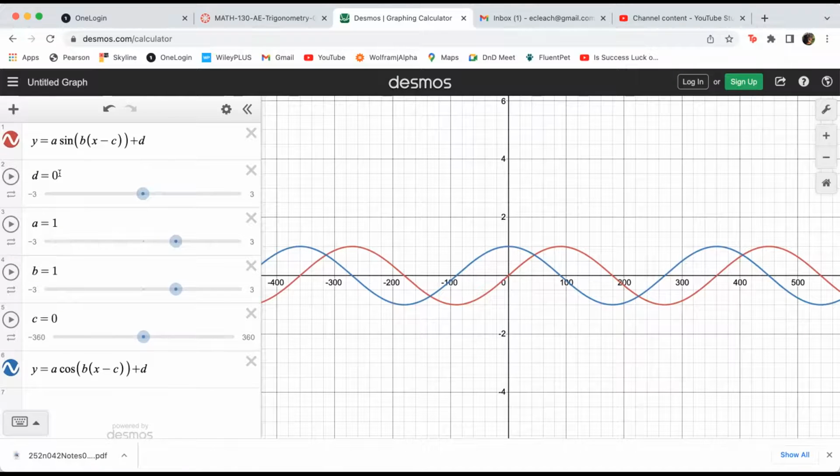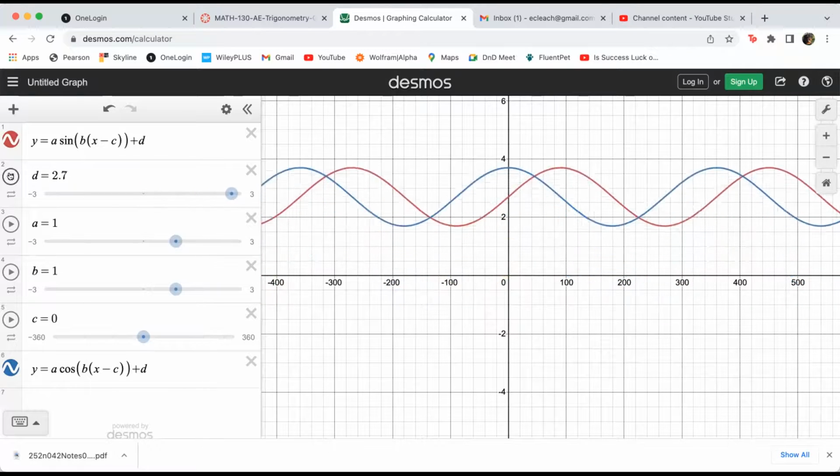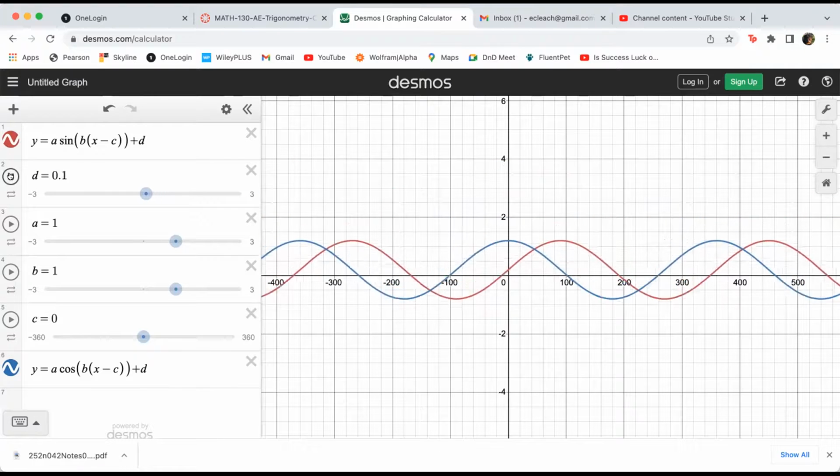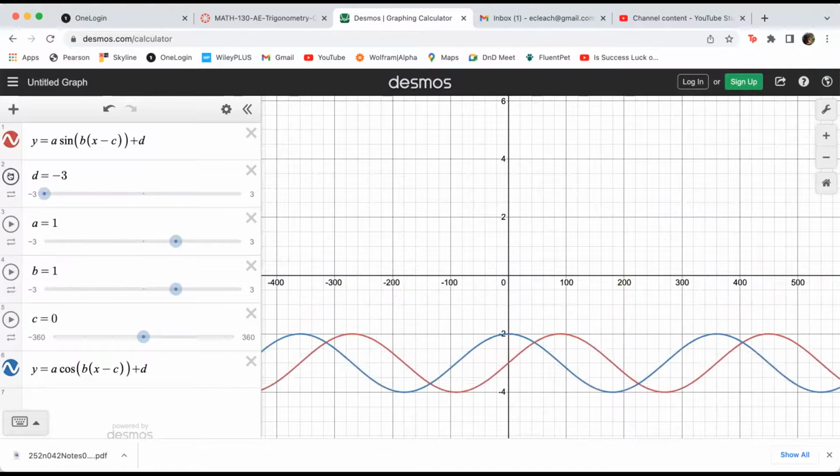D represents the vertical shift. It's addition that happens after the trig function. Addition means it's a shift. After the trig function means it's going to have some vertical effect. So if I start changing the values of D, the graphs maintain their shape and just shift up and down.